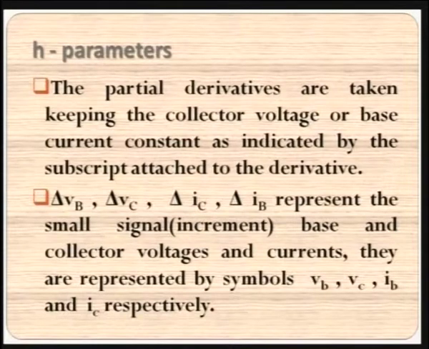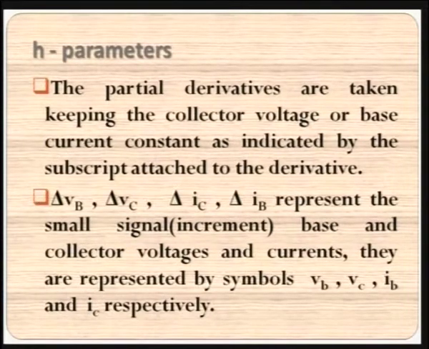So, we are using them, but it has the same meaning as the full derivative. Now, when we further go ahead with the simplification, the partial derivatives are taken keeping the collector voltage or base current constant as indicated by the subscript attached to the derivative.